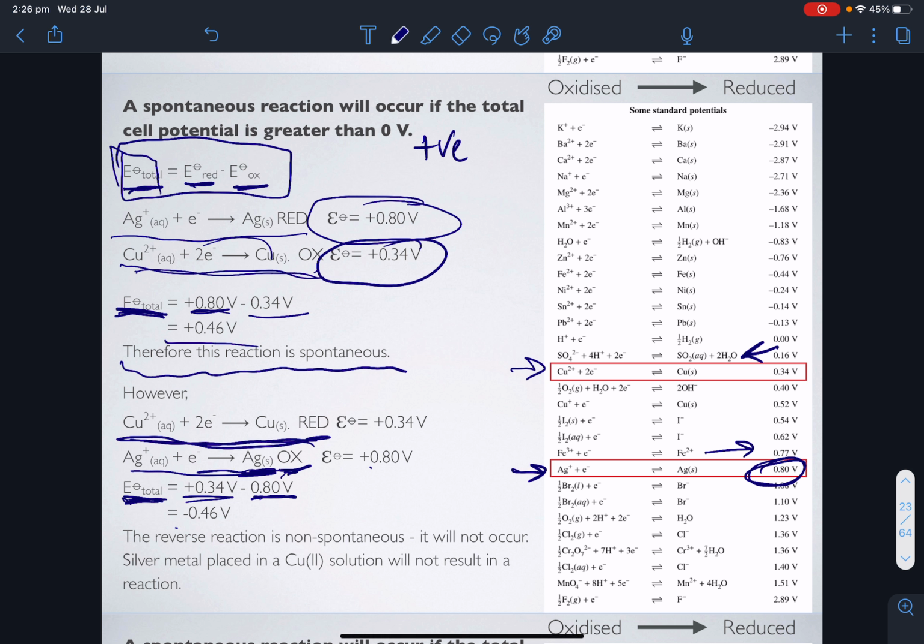Put it in your calculator and you get negative 0.46, the opposite sign to the other one. It's less than 0, so it's not going to be spontaneous. It's not going to happen. So here we've got a mathematical way to express what is going to happen and what's not going to happen. Notice if you swap them around, you just get the negative value of what you had before.